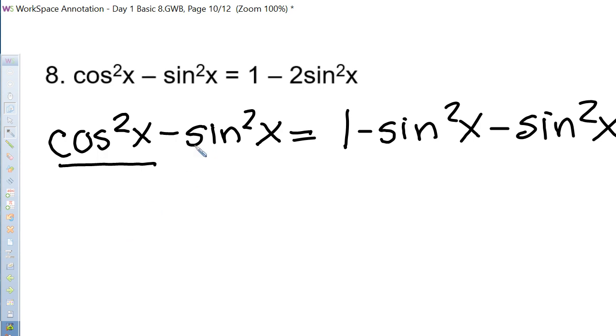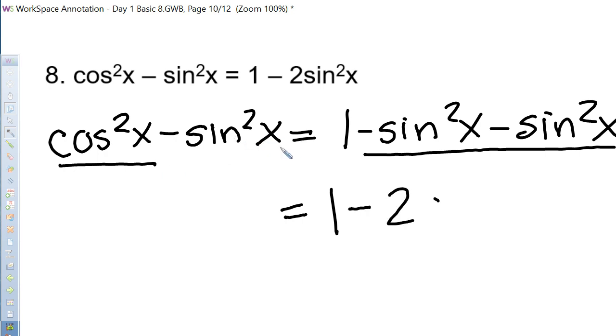Look at your answer. Combine my like terms, right? So bring down the 1 and negative sine squared, add those together, we have negative 2 sine squared of x.